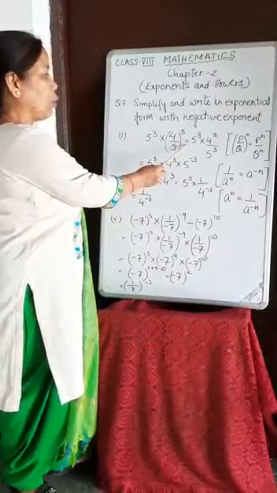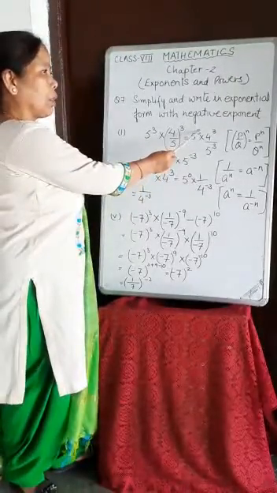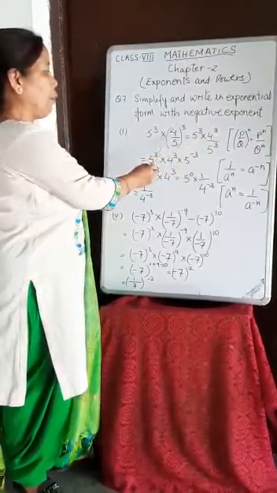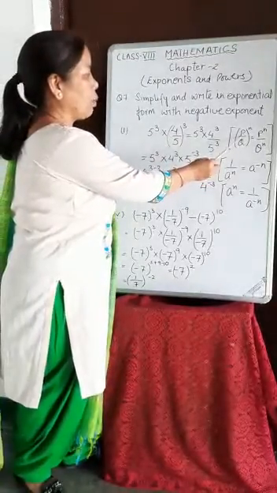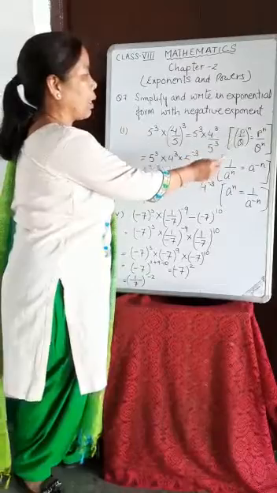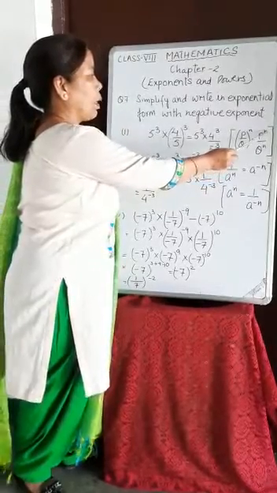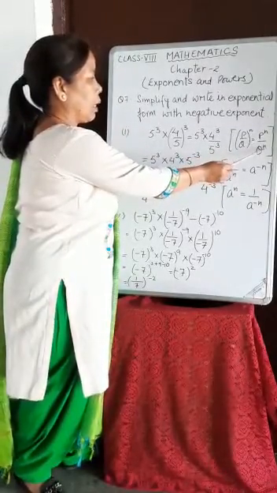Now this will be equal to 5 raised to the power 3 multiplied by, if we open the bracket, then because of this rule, (P upon Q) raised to the power n equals P to the power n upon Q to the power n.